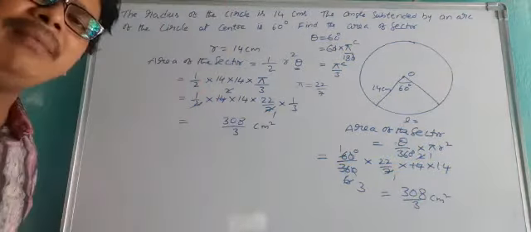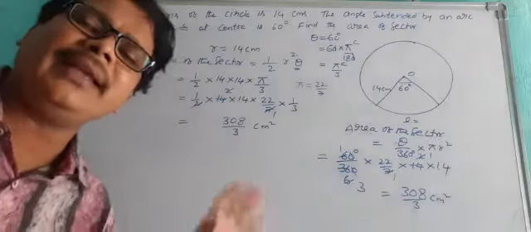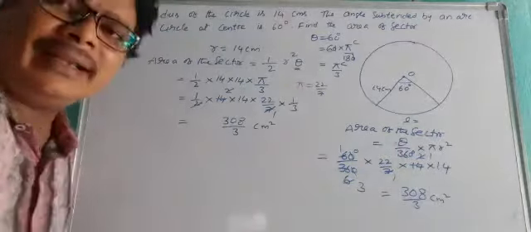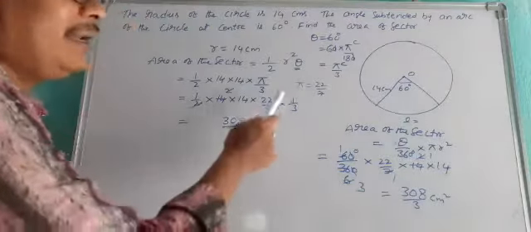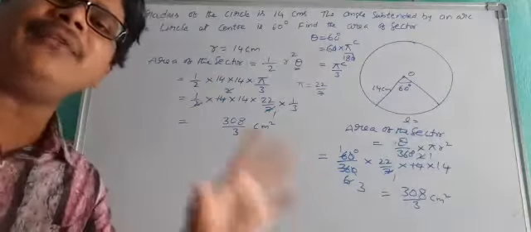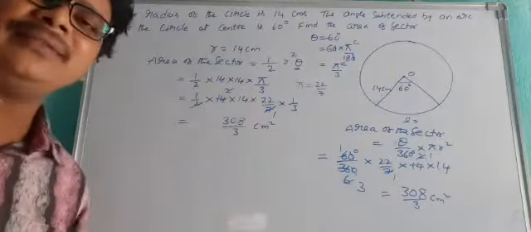You get the same answer for the area of the sector both ways. Here theta is in degrees, here theta is in radians. If you use any formula, you should get the same value of the area of the sector.